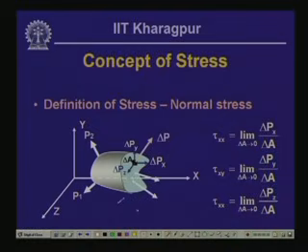Now, if we look into this particular body, wherein we have taken a cut, the normal to this cut is directed along the x axis. On this we have a small force delta P acting on a small area delta A. It is customary to decompose this force in two directions: one perpendicular to the cross section and another along the plane of the cross section.